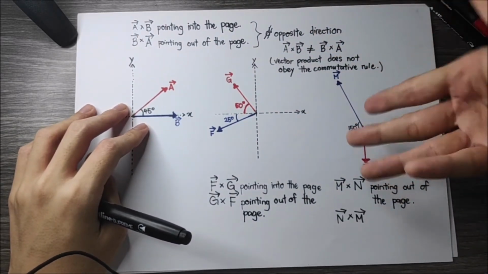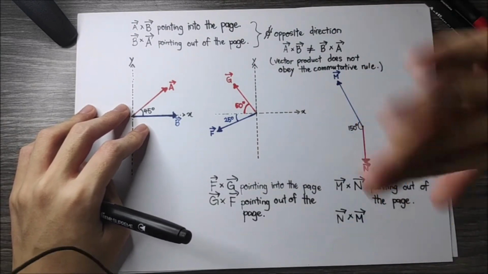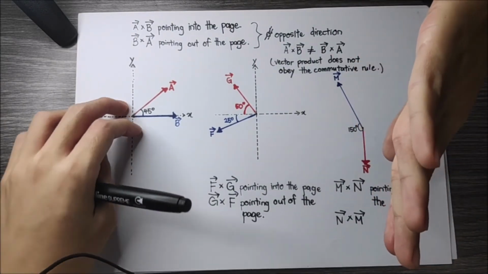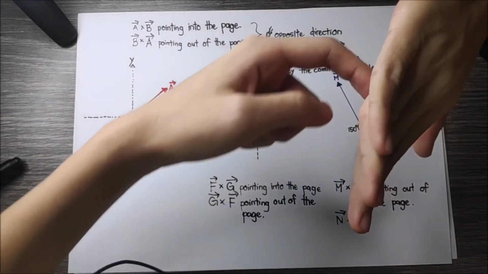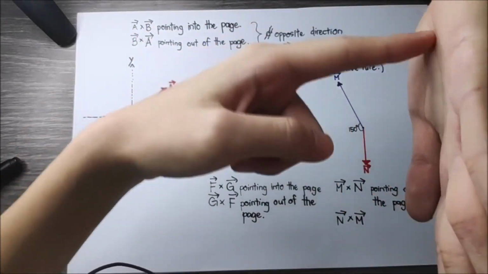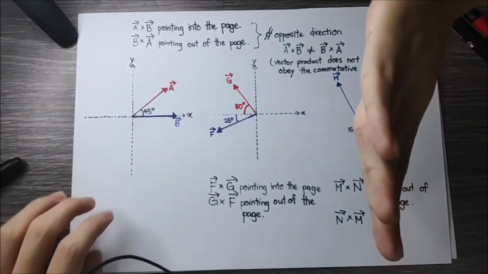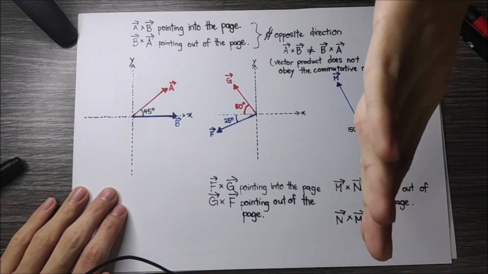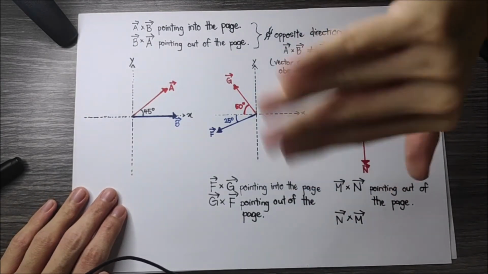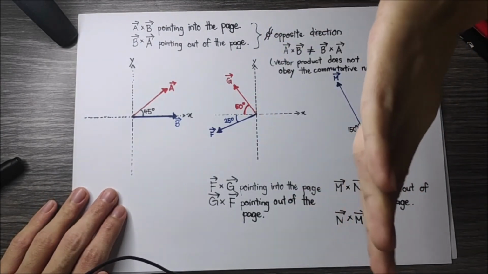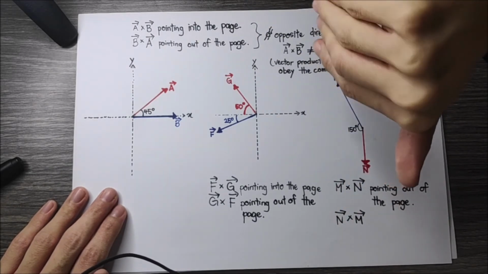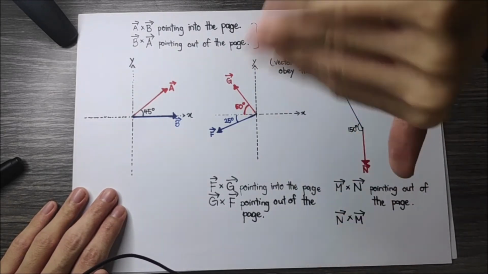Okay, like this. My fingers are aligned with the first vector and my palm is facing the second vector. Now I try to swing from the first vector towards the second vector. Can I swing smoothly? Yes, I can swing from N to M smoothly. So that's the correct positioning of the hand.